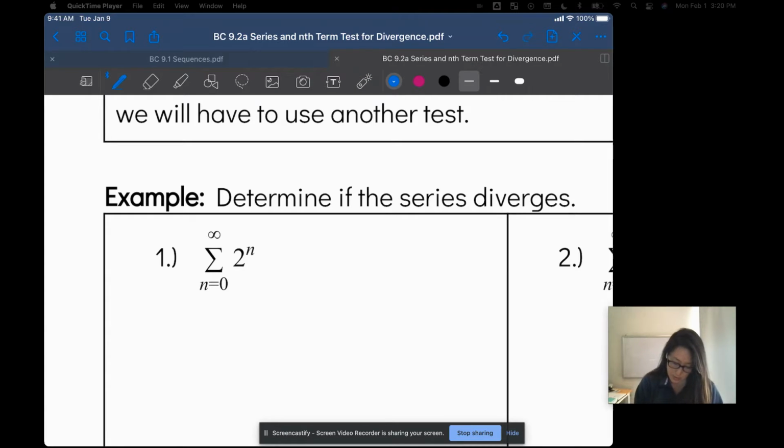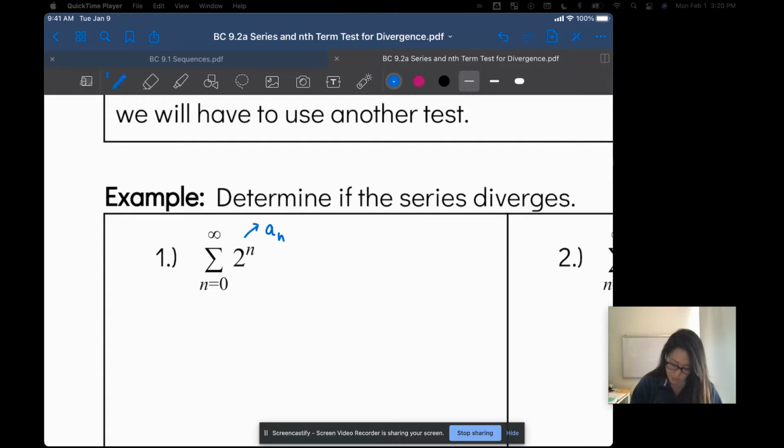So we're saying the sum as n equals 0 to infinity of 2 to the n. So 2 to the n is a sub n. It's basically the equation to give us the terms of our series.